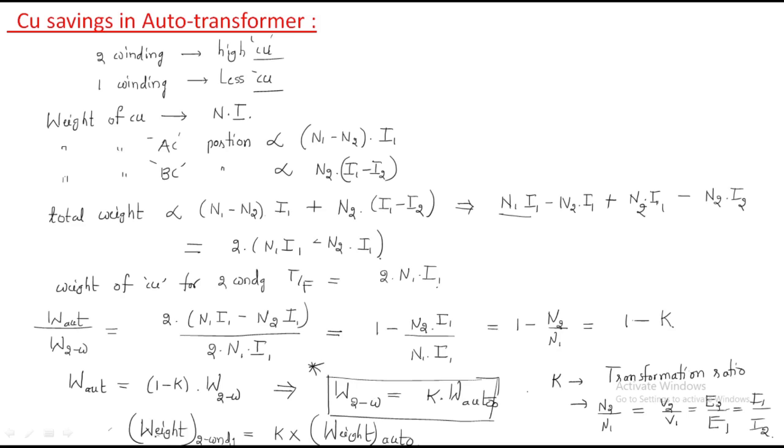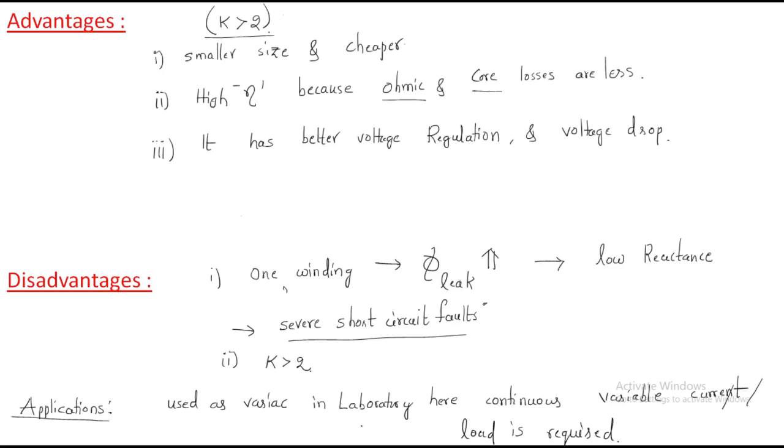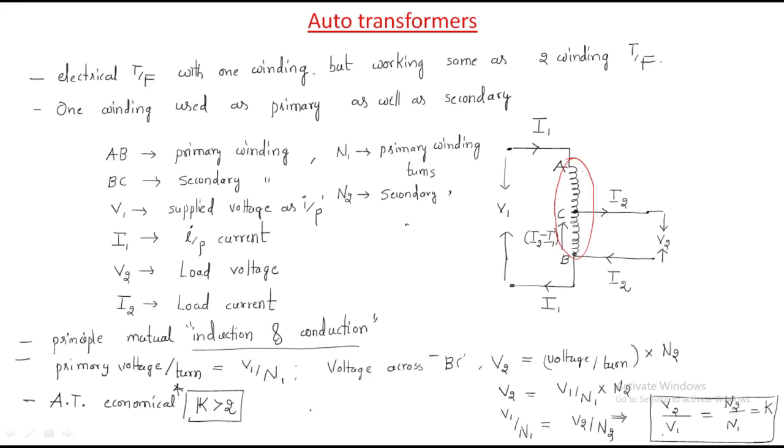The relation is: weight of two winding transformer equals K times the weight of the auto transformer. Advantages: cheaper, smaller size, less losses and better regulation. Disadvantages: only one winding, so leakage flux is high, reactance is low, and it suffers severe short circuit faults. Applications: it is used as a variac in the laboratory where continuous current is required. Okay, this is about the auto transformer.